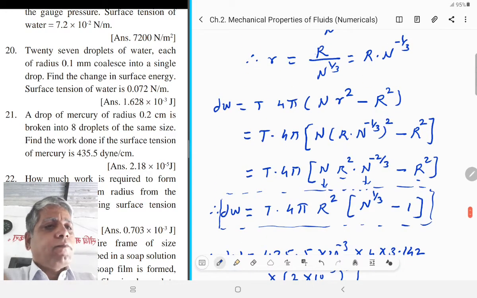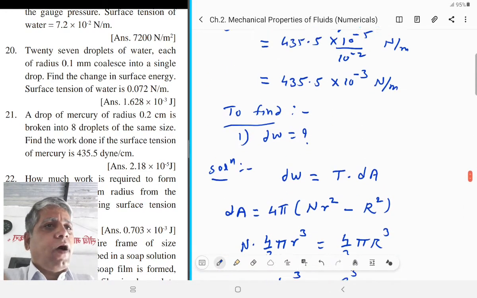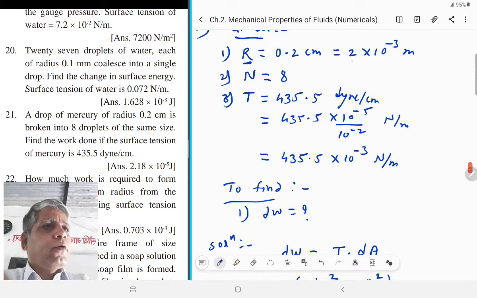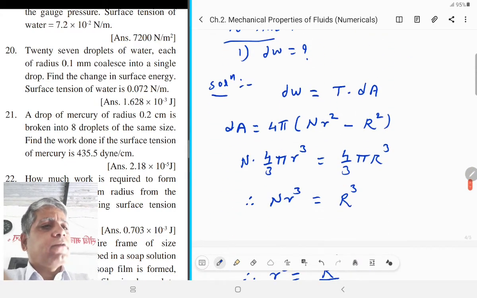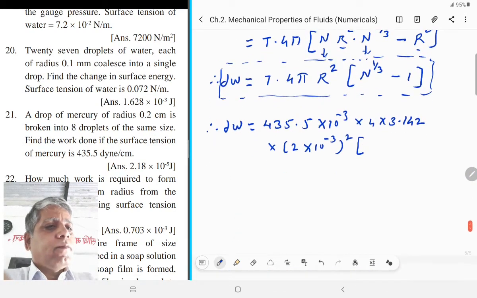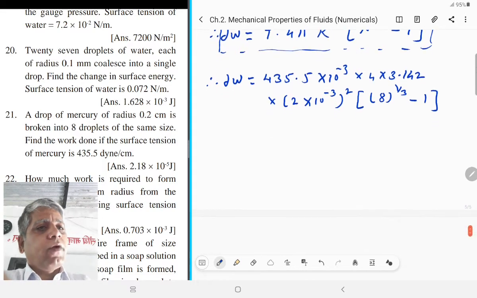Here capital R is 2 into 10 raised to minus 3, that can be substituted here. Now capital N is 8 raised to 1/3 minus 1.